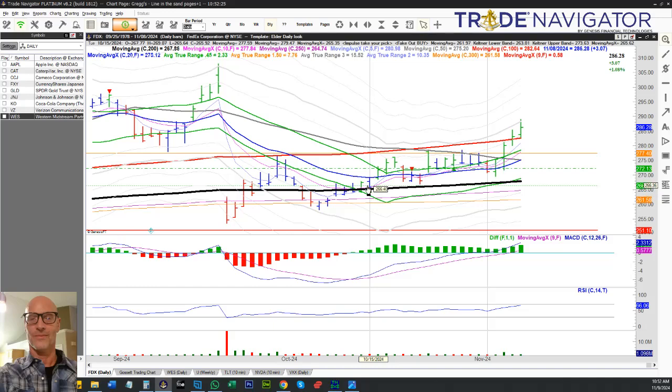I entered at 266.40. Now, there are some other things here too. MACD, which is the red bars and the green bars, was positive at the time that I took the trade. So that just gave a little extra bonus points to the trade.